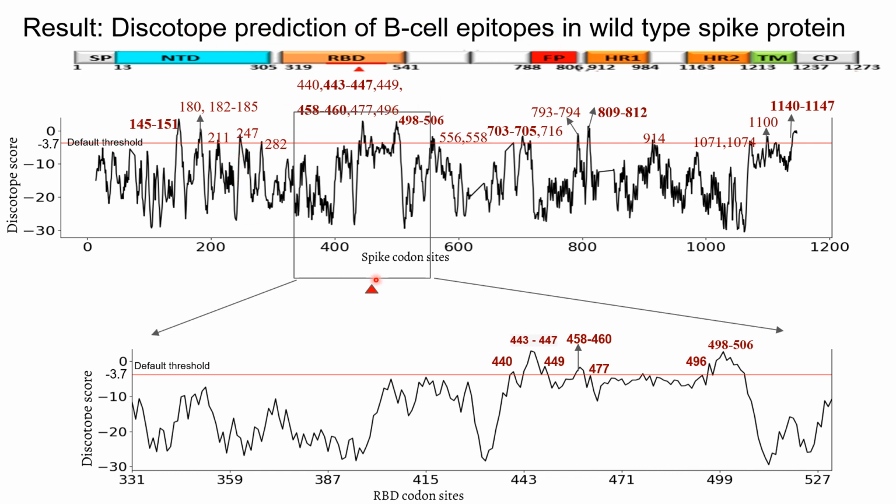Here the x-axis represents the spike codon sites and the y-axis represents the DiscoTope score. This line plot above the default threshold of -3.7 shows certain peaks which are predicted as B cell epitopes. Also, if we zoom into the RBD codon region, we can see particular sites being predicted as B cell epitopes, which also comes in the visualization.